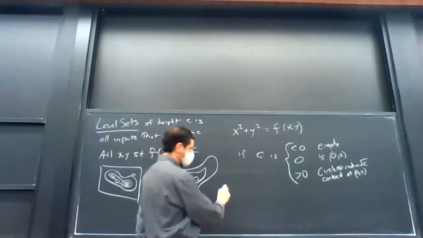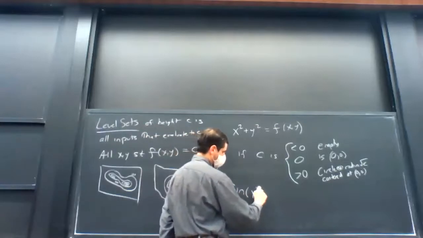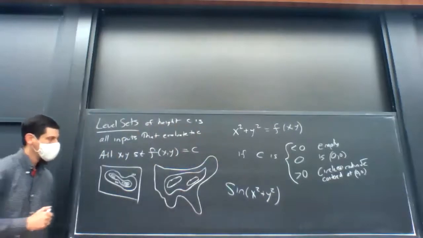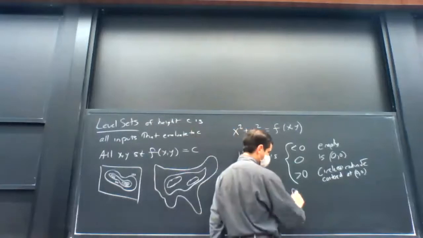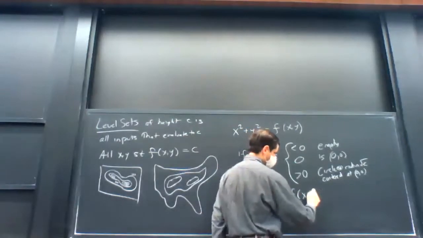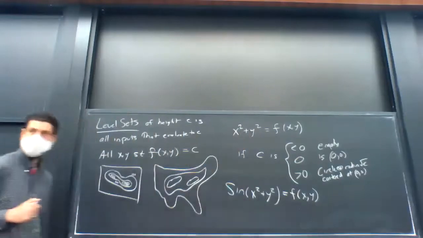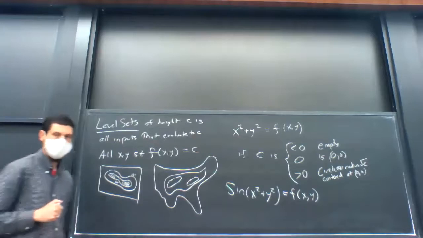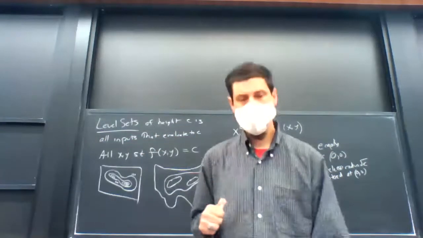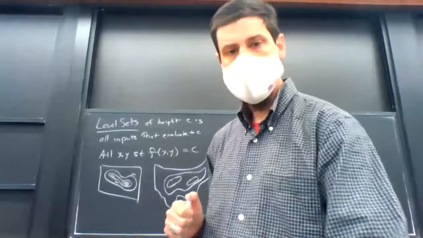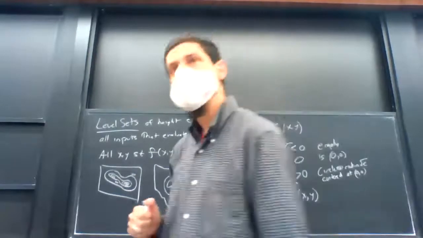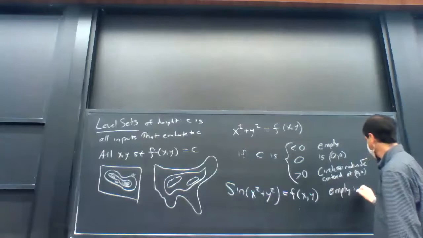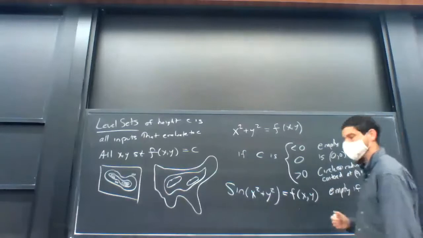So if I give you something like the sine of x squared plus y squared, say we have something like this. What can you tell me about the level set here? Good. So it's empty if the absolute value of c is greater than 1.